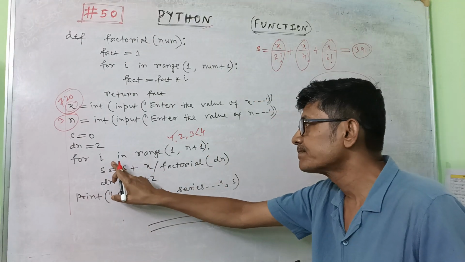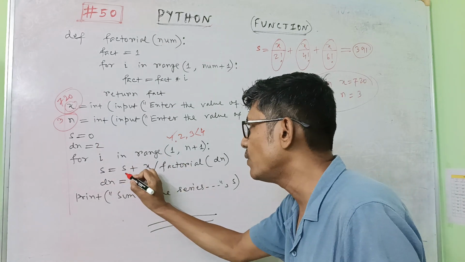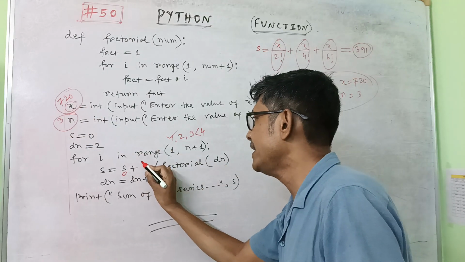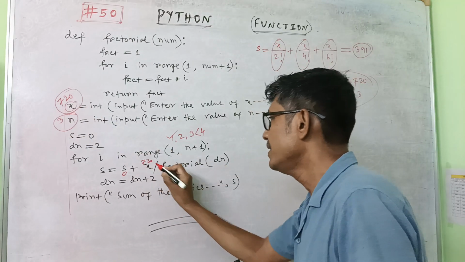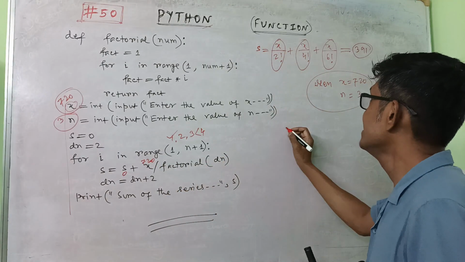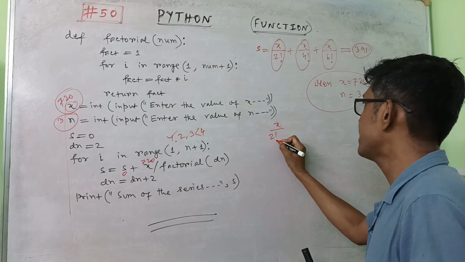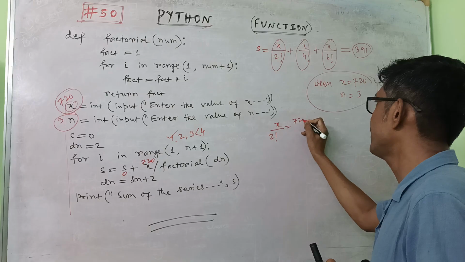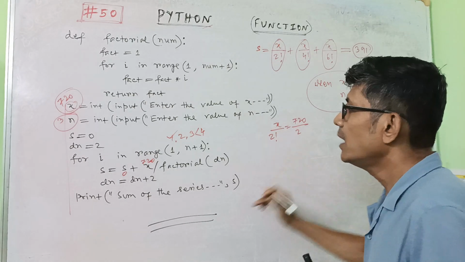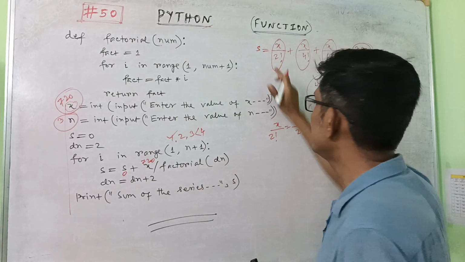what are you doing? S equals 0 plus x, which means 720, divided by 2 factorial. Now we will see how the 2 factorial is calculated.